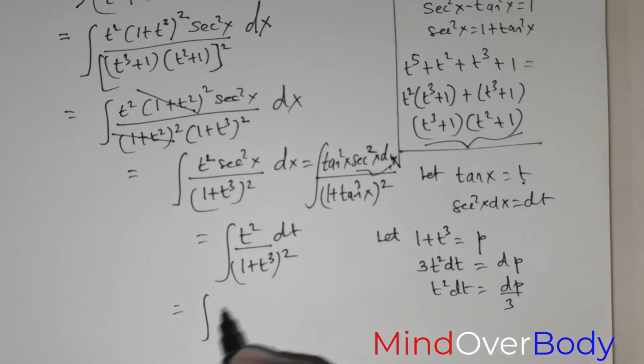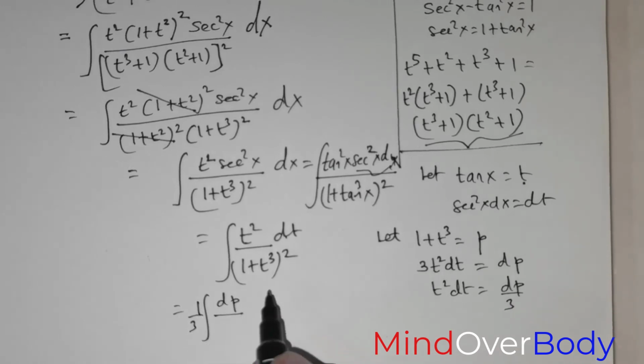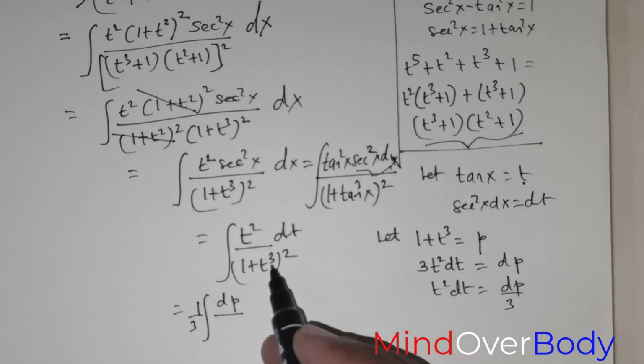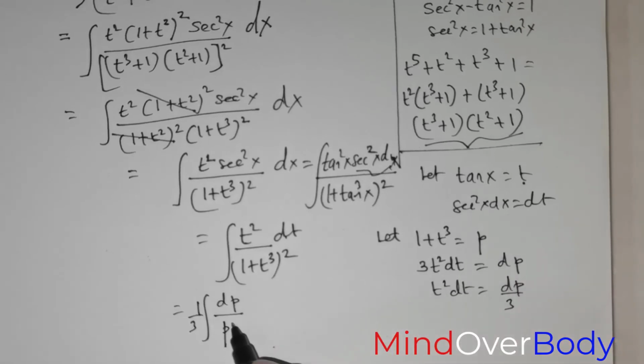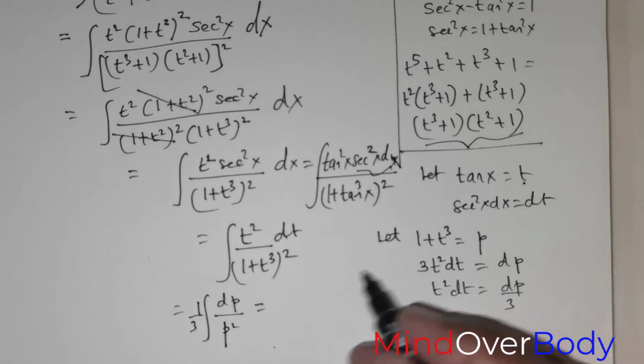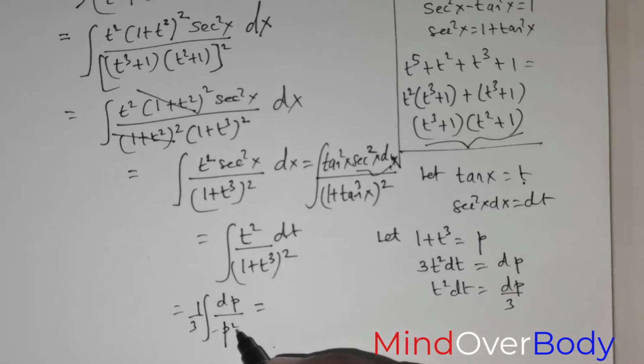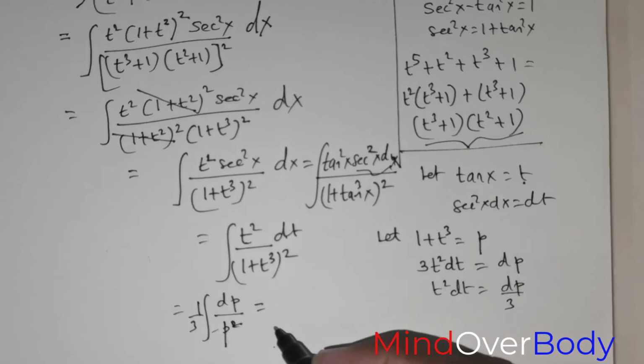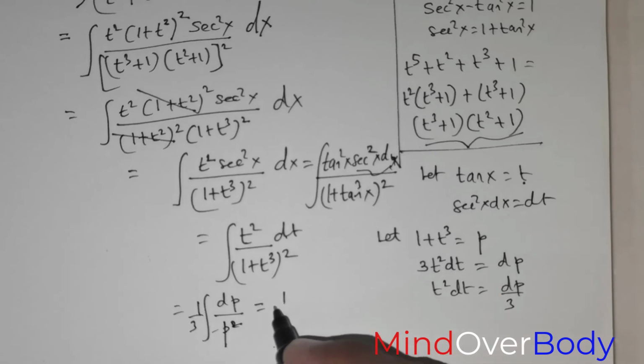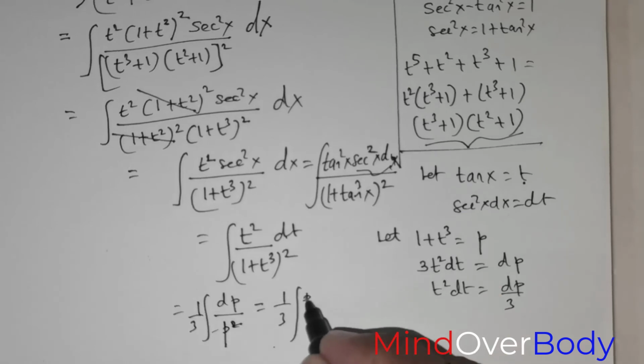So this is equal to, in place of t squared dt, I'm going to substitute dp over 3, divided by, in place of 1 plus t cubed, I'm going to substitute p squared. It's actually p because of the degree 2, so this is going to be p squared. So I move it to the numerator, and it will be p raised to the power of negative 2 dp.